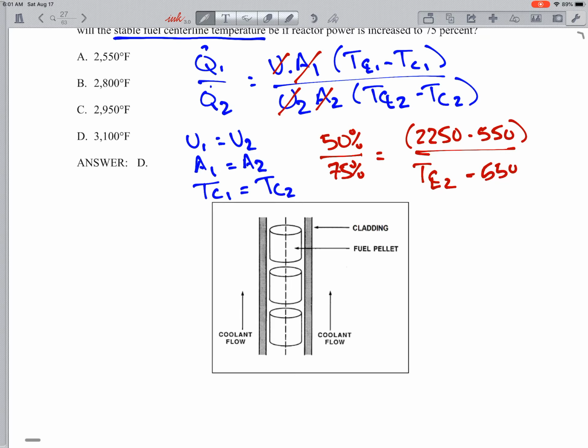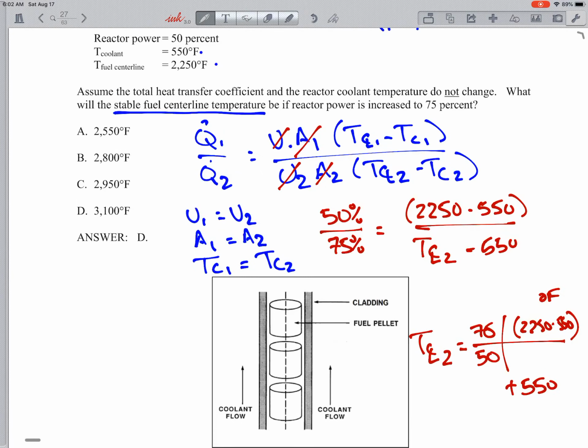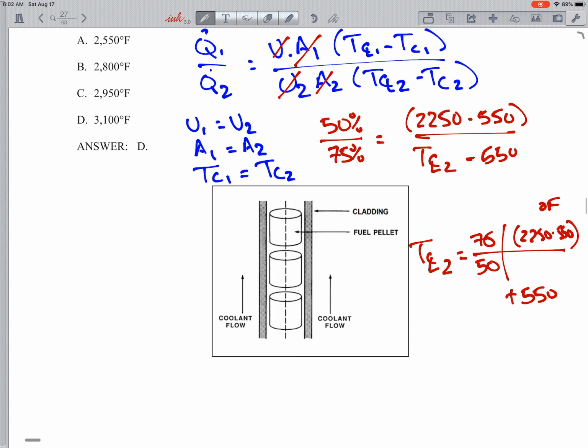Alright. So I'll do a little fancy algebra and I'll say temperature centerline 2 is equal to 75 over 50 times 2250 minus 550. I'm running out of room. Sorry. That's going to be in degrees Fahrenheit. And then we're going to add 550 because we assumed reactor coolant temperature did not change.